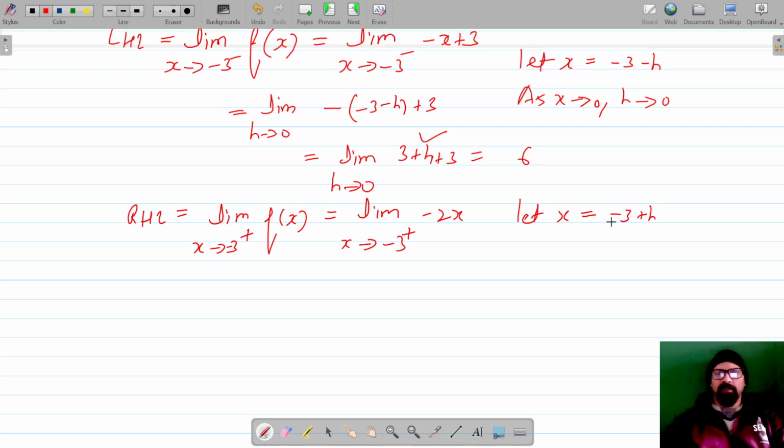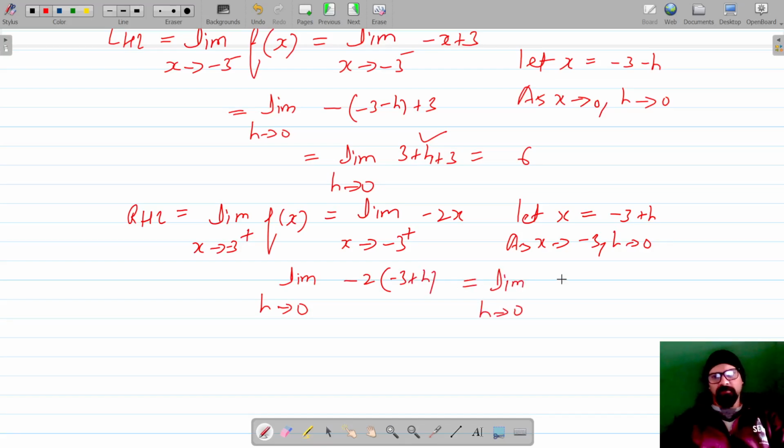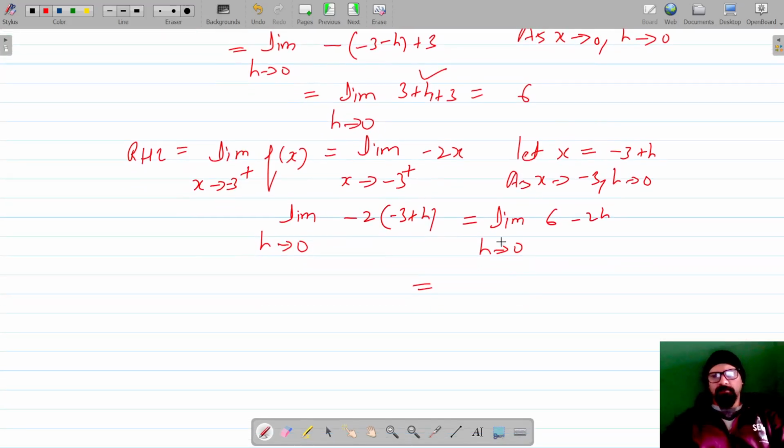So here as x tends to negative 3, h tends to 0. So this limit can be written as limit h tends to 0, and this is now negative 2 times negative 3 plus h, which gives me limit h tends to 0 of 6 minus 2h, and when I take the limit, taking h equal to 0, this value is equal to 6.